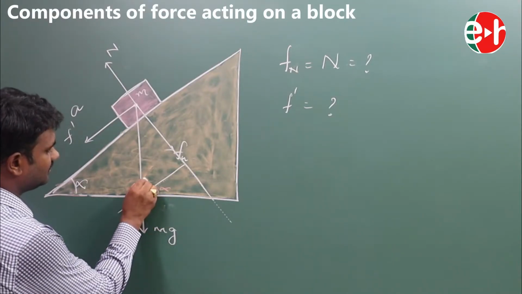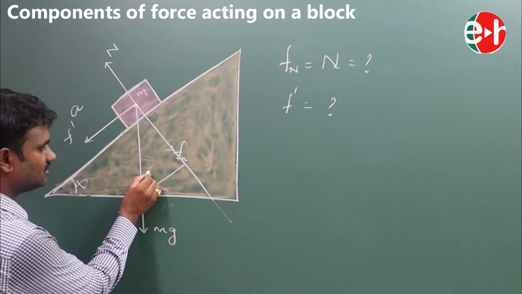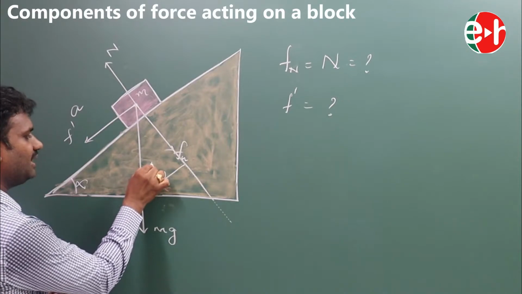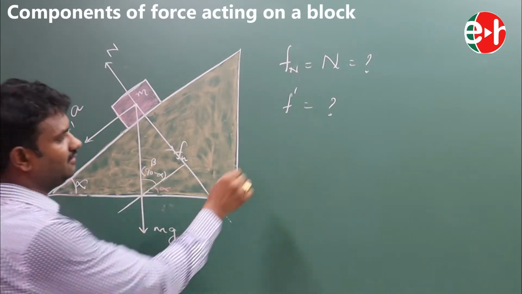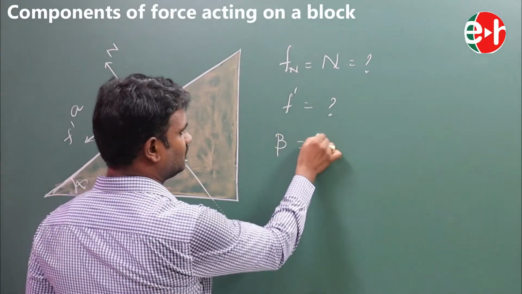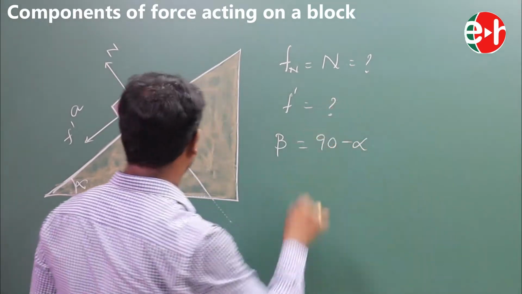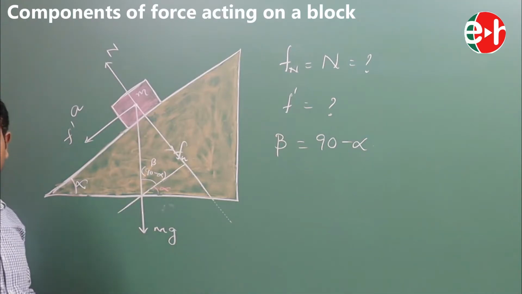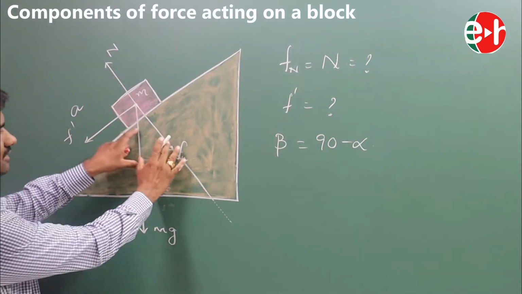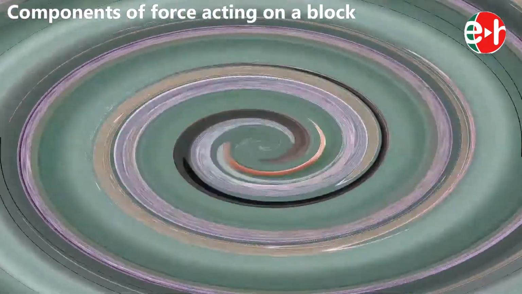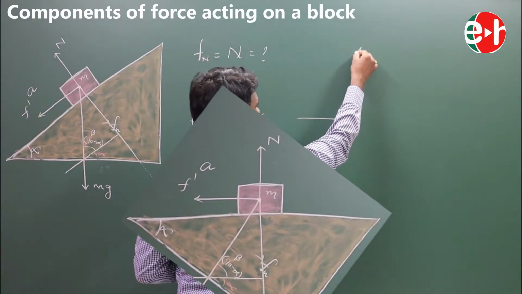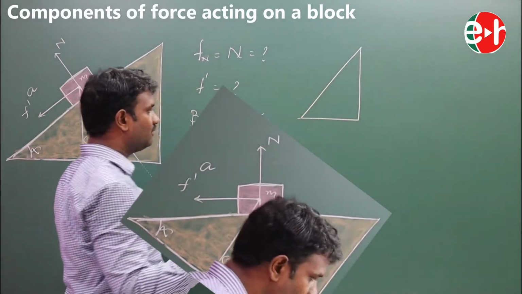And what about this? The total is 90, so this will be 90 minus alpha. Say beta for a while, where beta is equal to 90 minus alpha. Now, can I draw this triangle here, like this? I just rotated this.